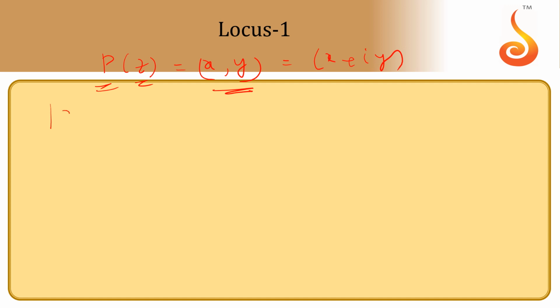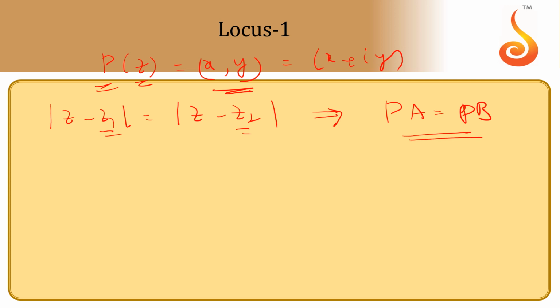Suppose I say mod of z minus z1 equal to mod of z minus z2, both sides moduli. So try to understand this in the geometrical, that is Cartesian, way. Can I say PA equal to PB, where z1 and z2 are fixed points A and B, and z is a moving point, so PA equal to PB.